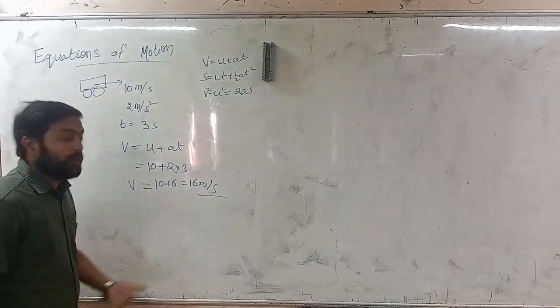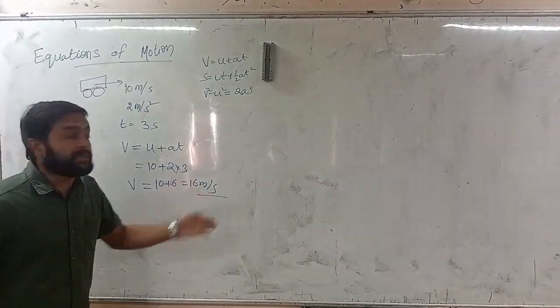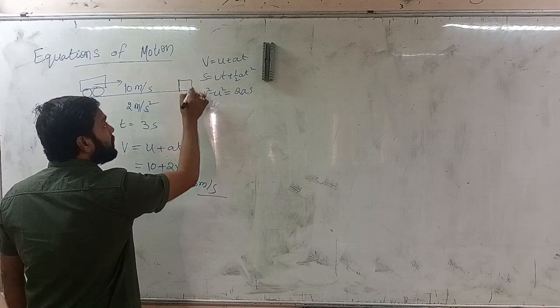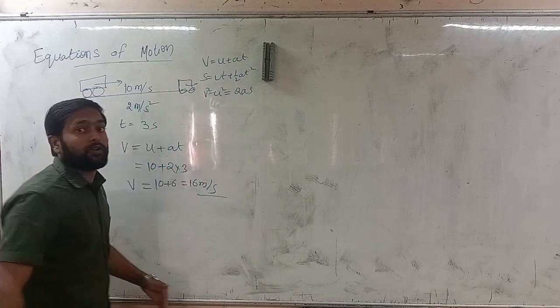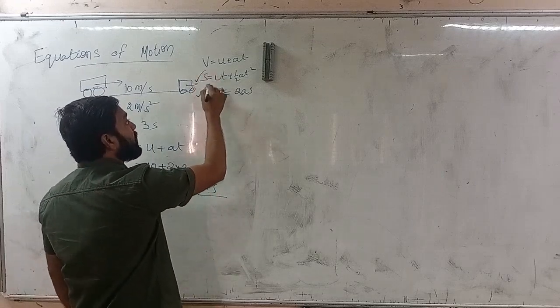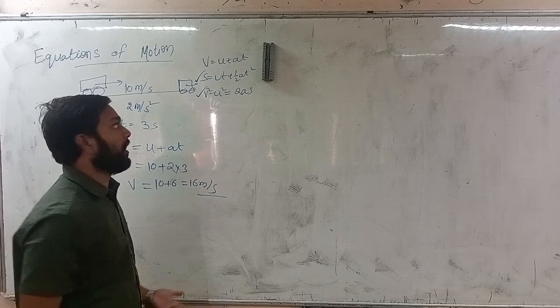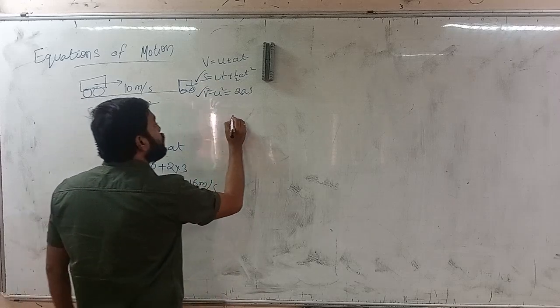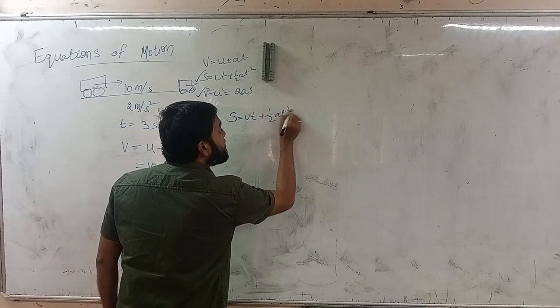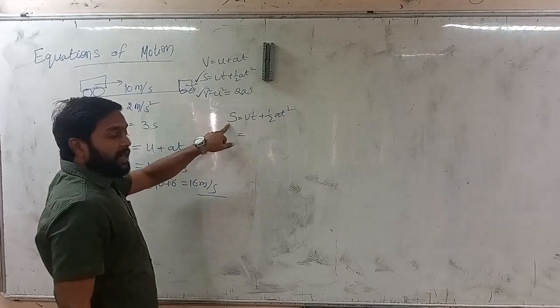We can also find how much displacement it took after 3 seconds. From here to here it went somewhere, so we need to find the displacement. We can use any formula, and here I would like to use S is equal to ut plus half at square.